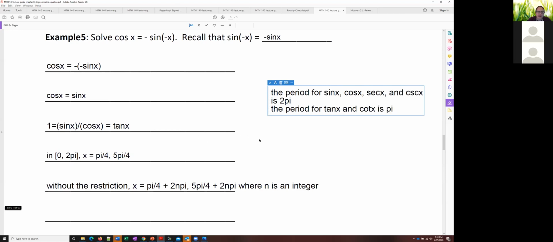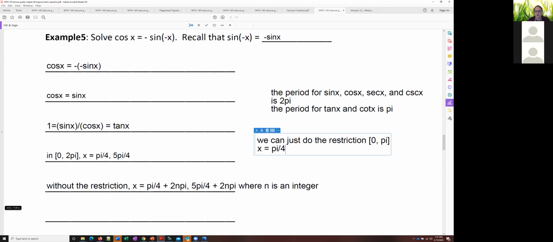So because this is tangent, we could have just done the restriction 0 to pi. On that interval, the only solution is pi over 4. And then we can add on copies of pi to that.